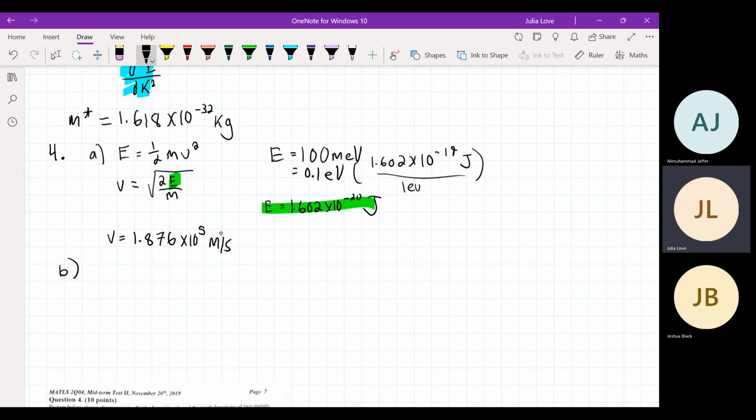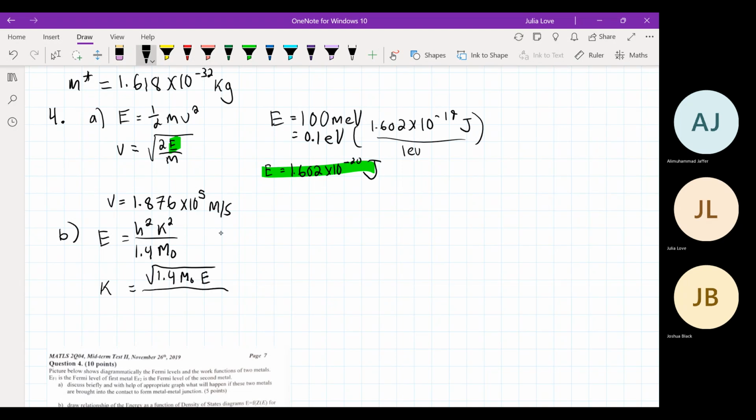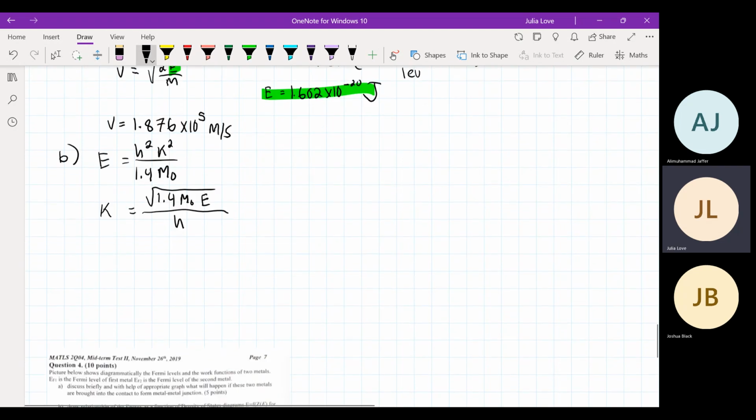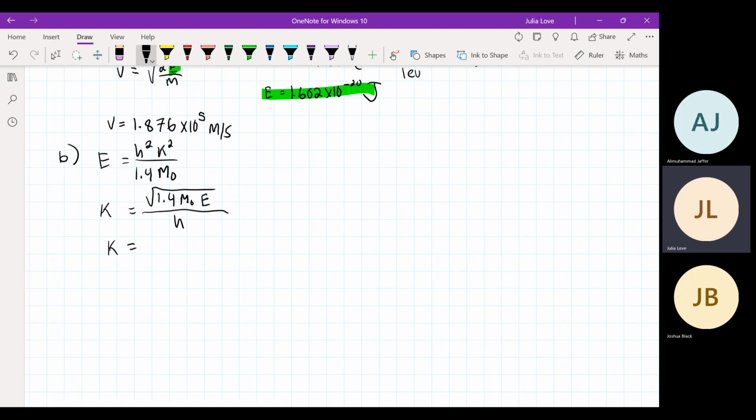Then part B. So we know already that this energy here is h squared k squared over 1.4 times the rest mass. We rearrange this for k, and then just sub in these values once again, where h is that Planck's constant and k is that wave number.